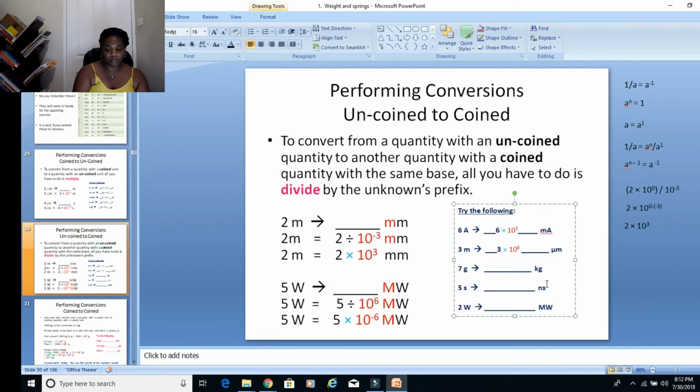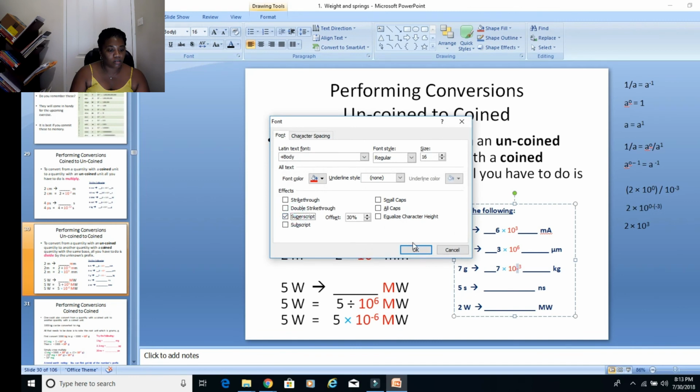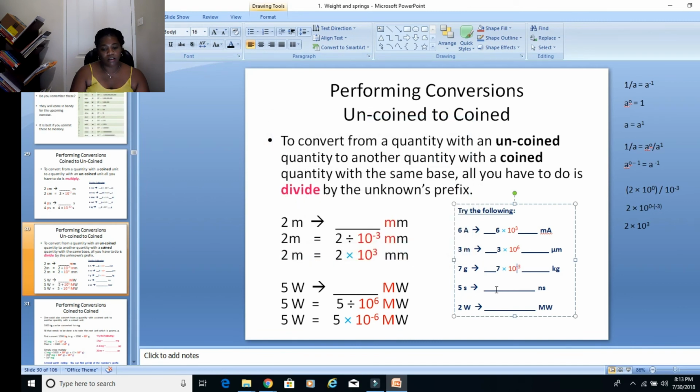And with this one, we just put back 7. In this case, a kilo is +3, so therefore you have -3. With this one, a nano would be -9, so this would be a +9.